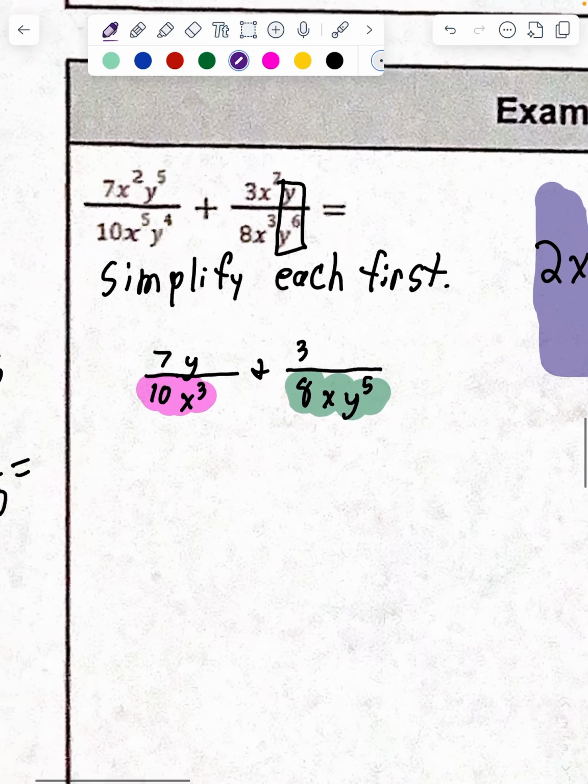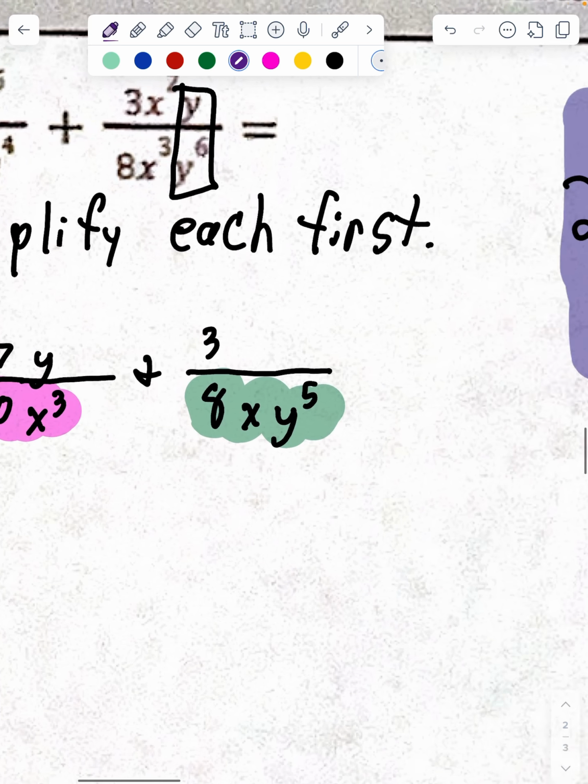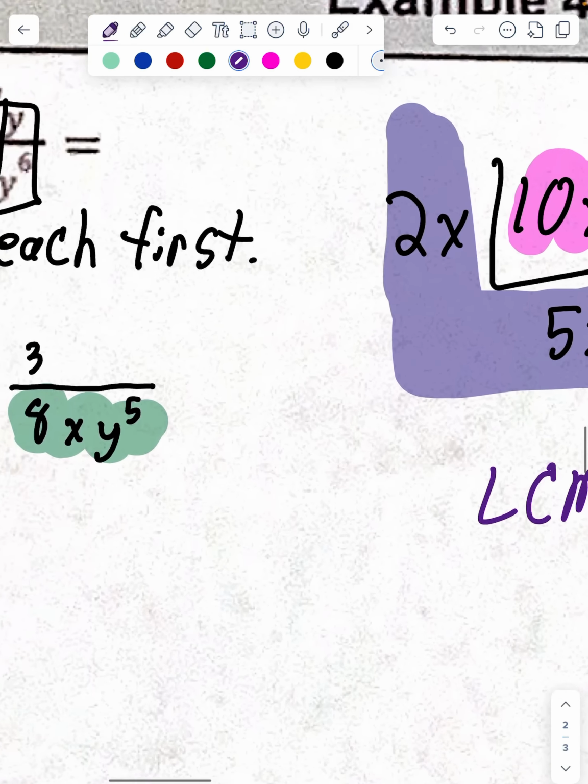So I need to multiply the side with 10x to the third by 4y to the fifth. I need to do that to the top and the bottom, the numerator and denominator. And on this side, I'm going to need to multiply by 5x squared.